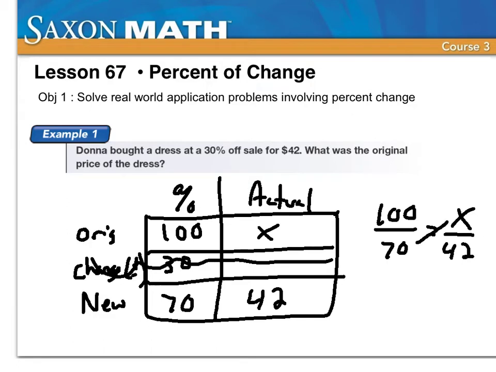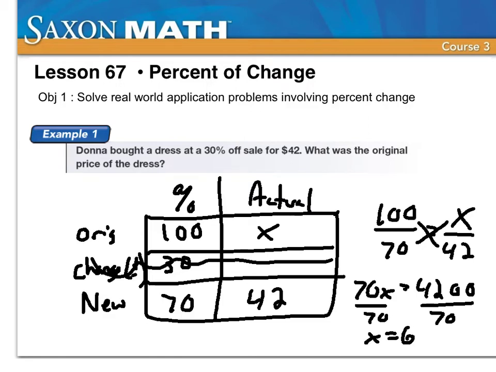Again, we're going to use cross products, so 70 times x equals 42 times 100 is 4200. Then I'm going to divide by 70, and 4200 divided by 70 is going to give me 60. Now we need to answer the question. It says, what was the original price of the dress? So we need to put this in dollars. So the original price was $60.